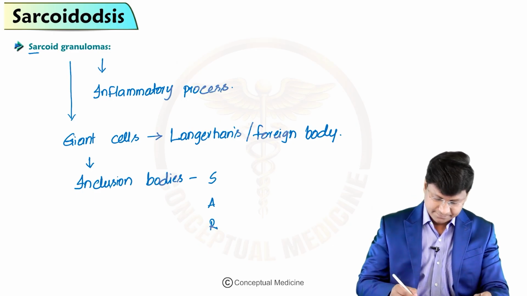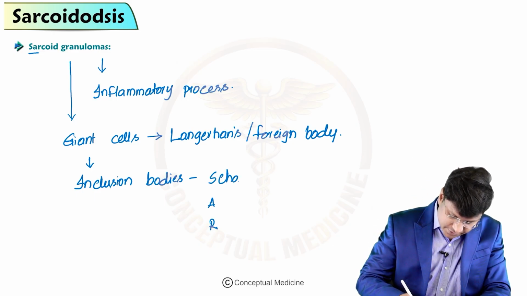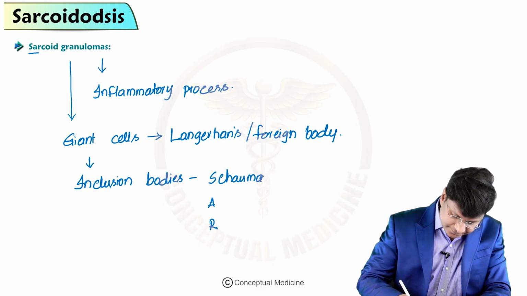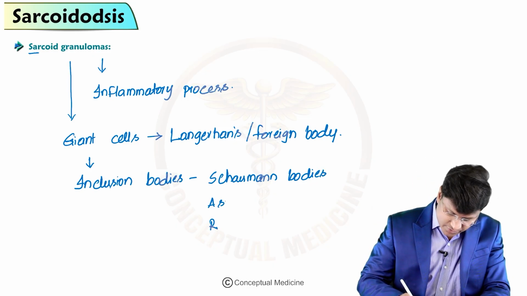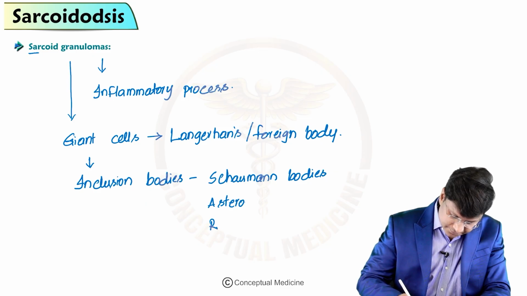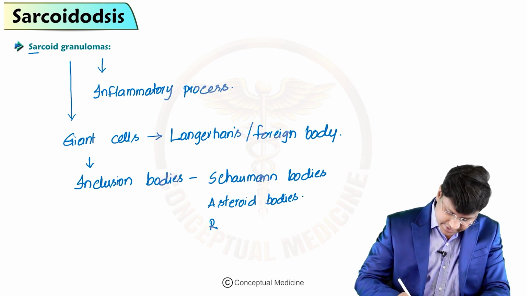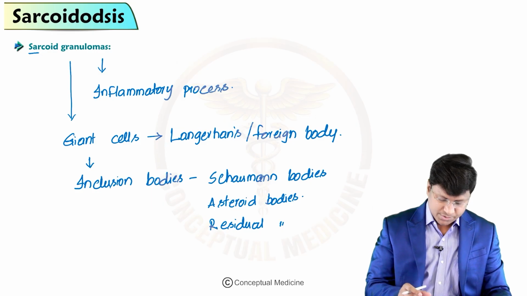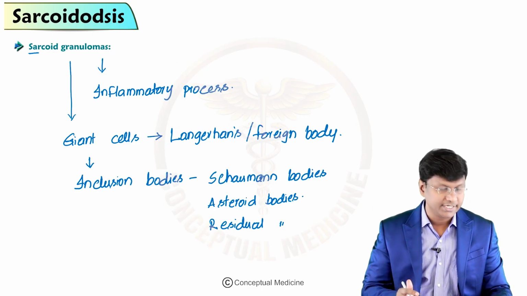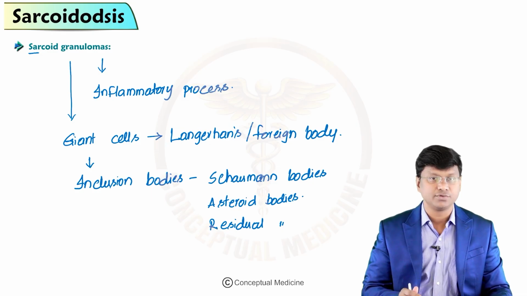S stands for Schaumann bodies, A is asteroid bodies, and R is residual bodies. These are the inclusion bodies that you will have in patients with the sarcoid granuloma.